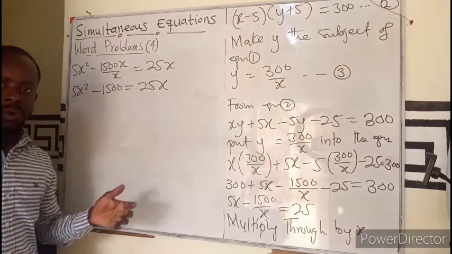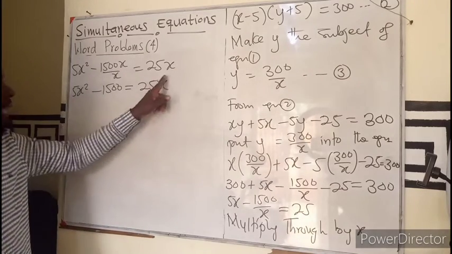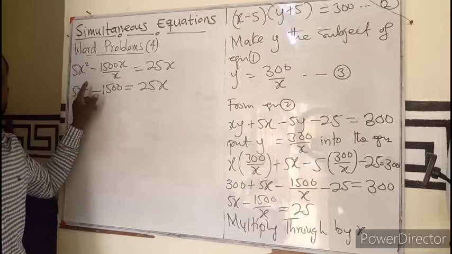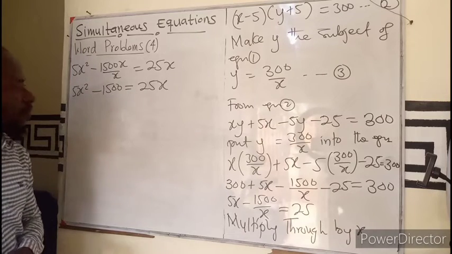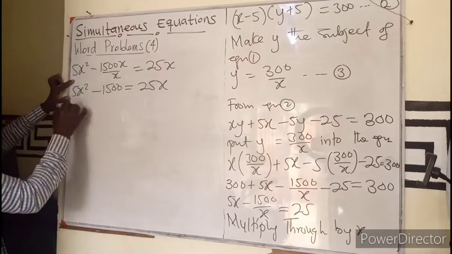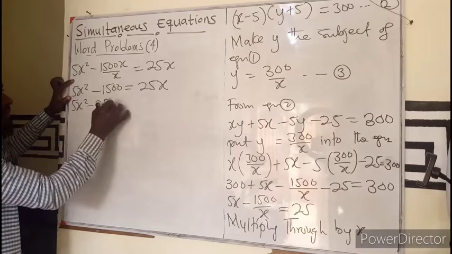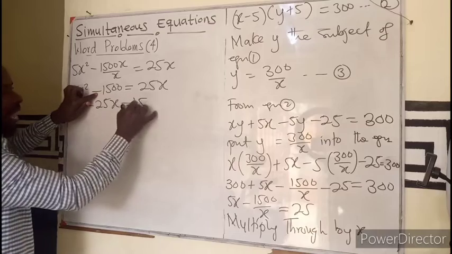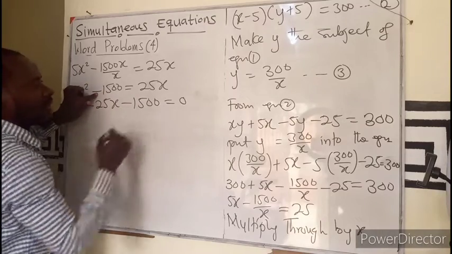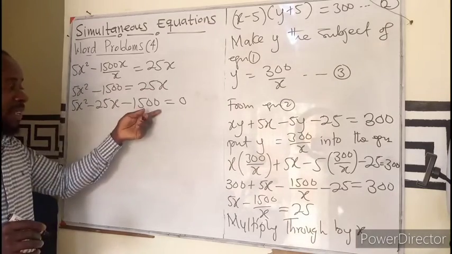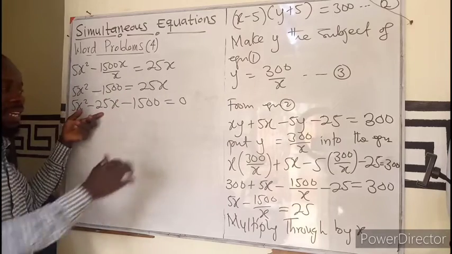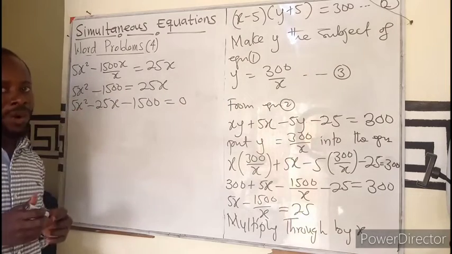Our variable still appears in two places, by the power of 1 and power of 2. That means a quadratic equation. So I'll arrange this to be 5x squared minus 25x minus 1500 equals, moving this 1500 to this side, so I'm left with only 0.